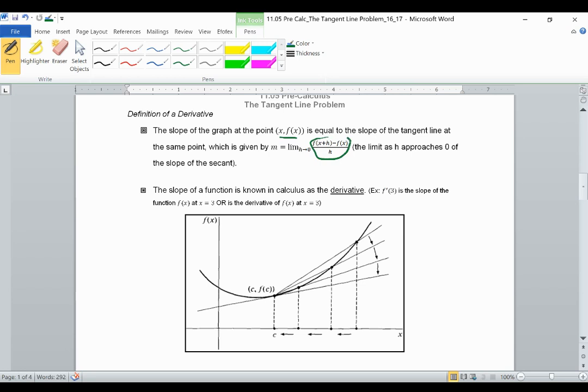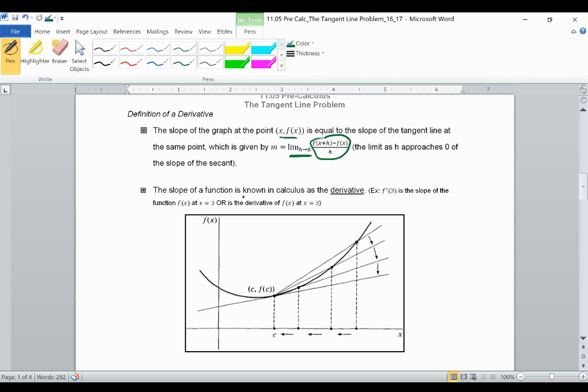This is your slope of your secant. But once we take the limit as h approaches 0, now that is the slope of your tangent line, also known as your derivative. So we're taking the slope of the secant and taking the limit as h approaches 0.